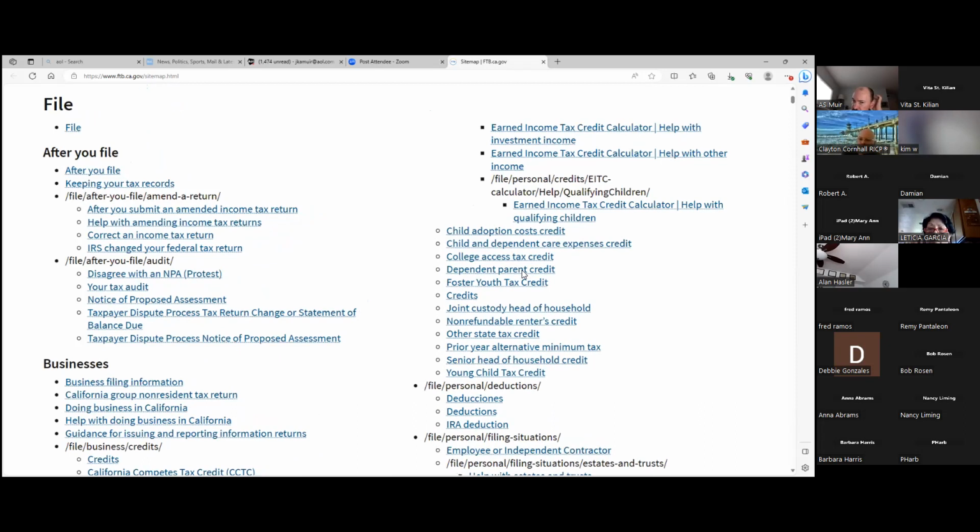So some of the credits that you may have heard about, or maybe you haven't worked with, there's one that's fairly new. I think it's been around a few years, the Foster Youth Tax Credit. And we're going to talk about that today. If you meet certain requirements, you get that particular credit. And then other types of credits, similar to the federal one, the Child Independent Care Expense Credit.